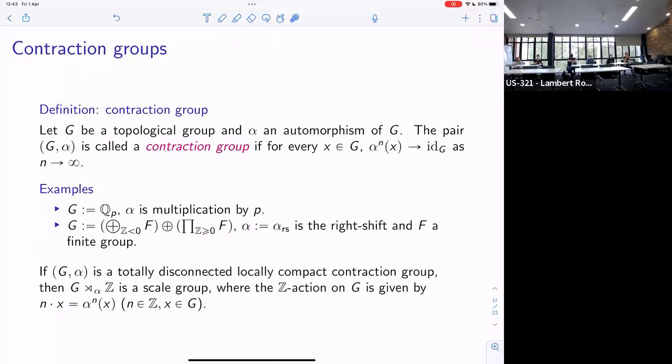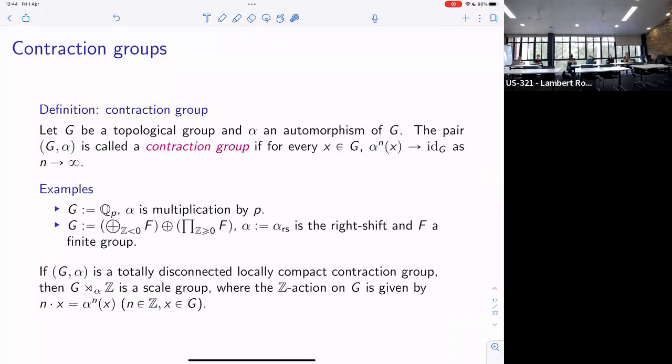Now, I want to give a few other examples of star groups that I'm looking at the moment. To do that, I need to define what a contraction group is. By contraction group, I mean a topological group G paired with an automorphism alpha of our group, such that for every element x in our group, powers of alpha applied to x converge to the identity.